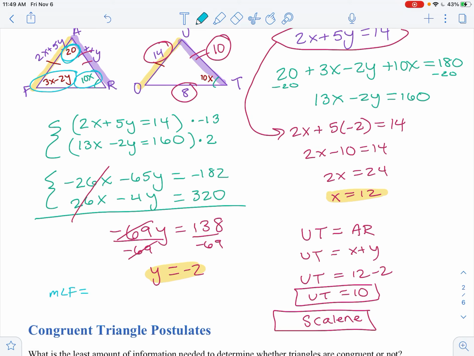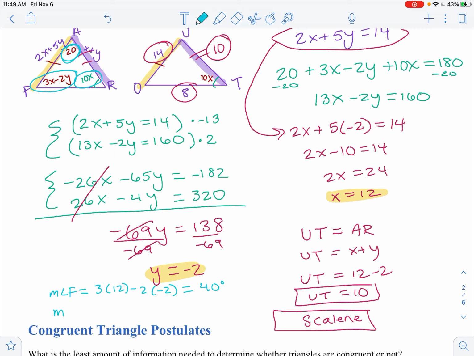So I'm going to substitute into angle F: 3 times 12 minus 2 times negative 2. I get 40 degrees. Okay, so that's also acute.